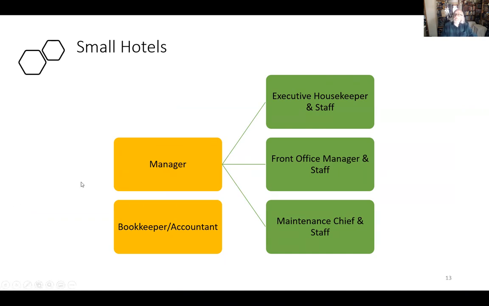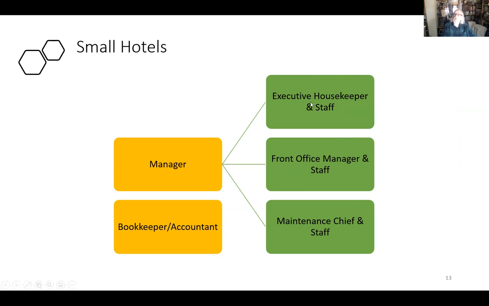Well, certainly in a small hotel, we may not have the title general manager like we would probably have from mid-size on up in all hotel types. But in small hotels, we probably just have a manager. Depending on how small, that's all we need. And the manager will be the one who hires the executive housekeeper and the staff.